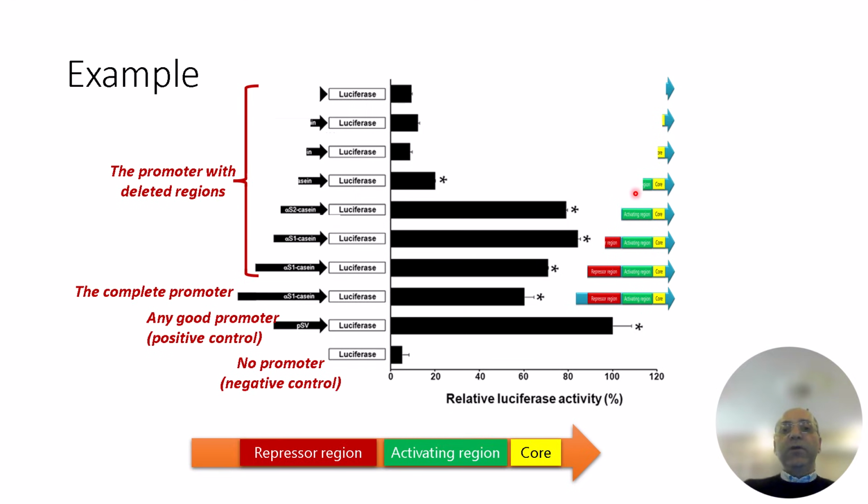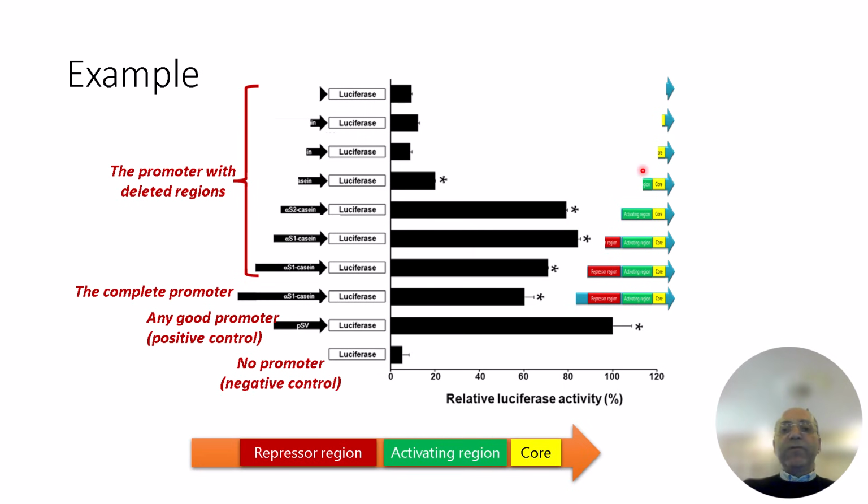If I remove the activating region, there is a reduction in expression of luciferase, a reduction in the amount of light that is produced. There is complete reduction in expression of the luciferase gene by removing the activating region. So I know that this region contains an activating region because when we remove it, there is no expression of the luciferase gene.